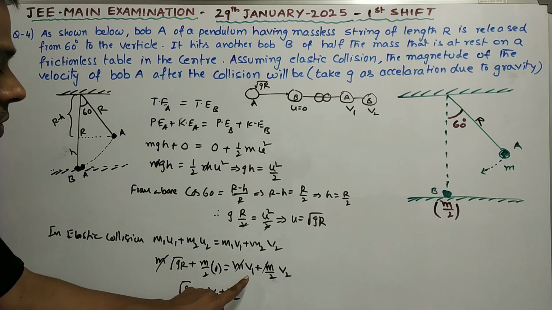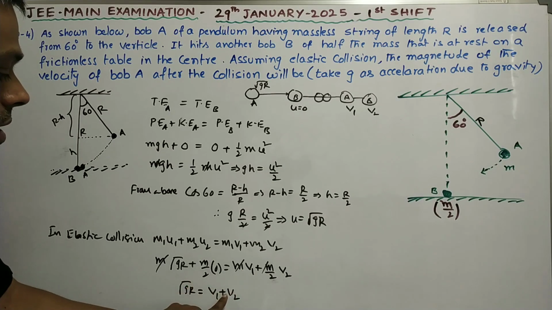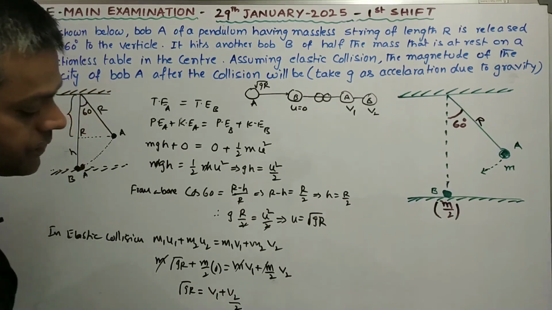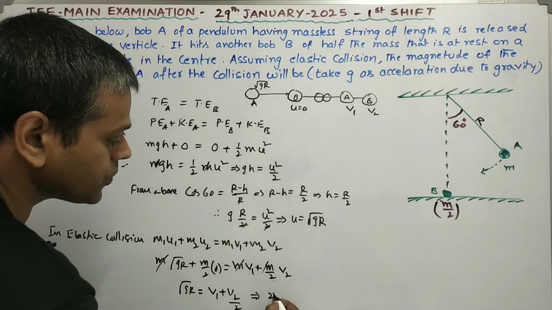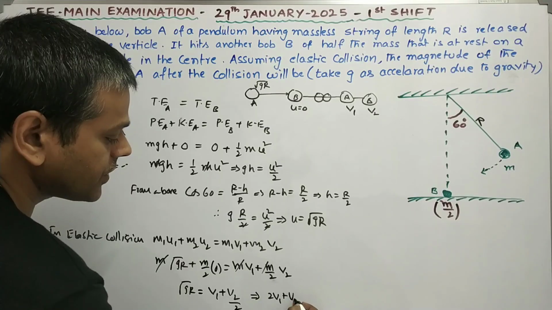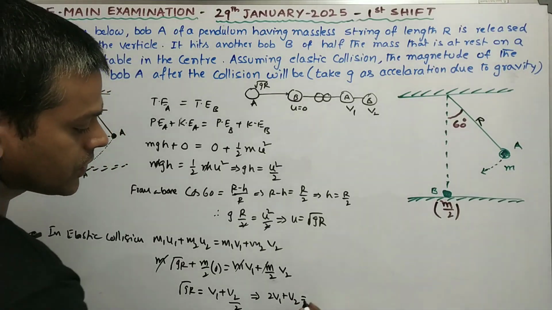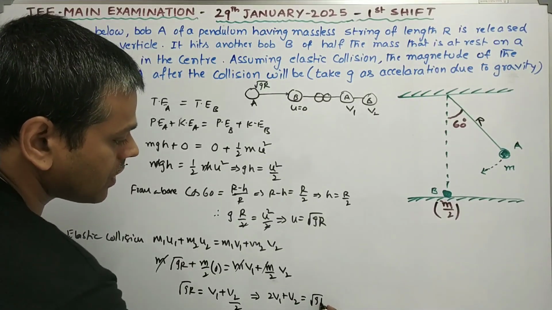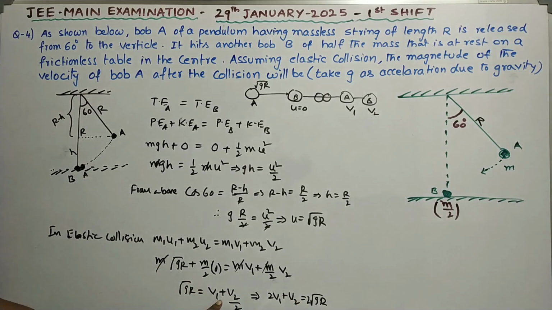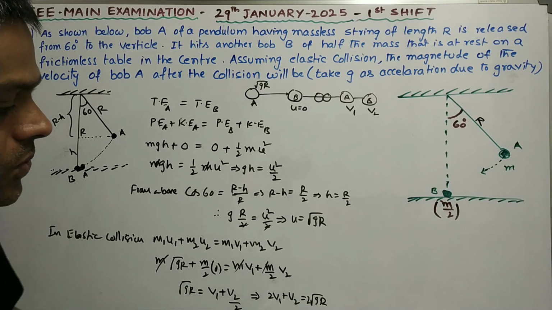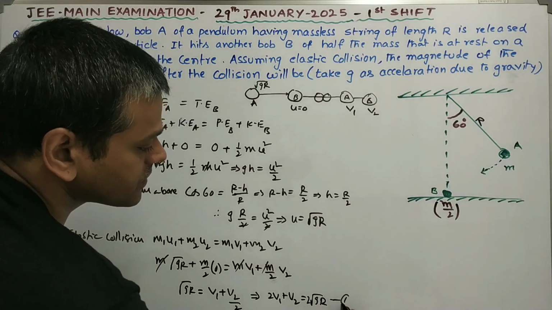We may write it simply as 2 v1 plus v2 is equal to root 2 into gR. So this is equation 1.